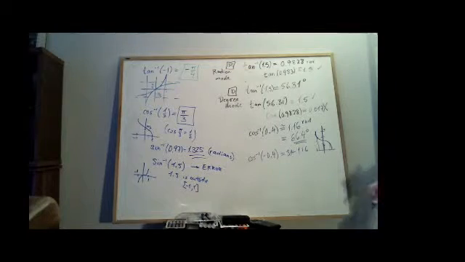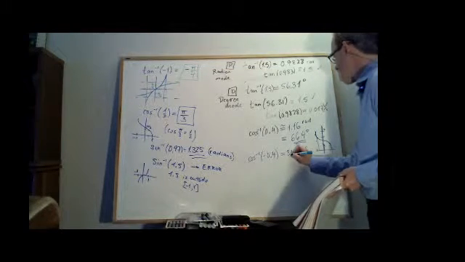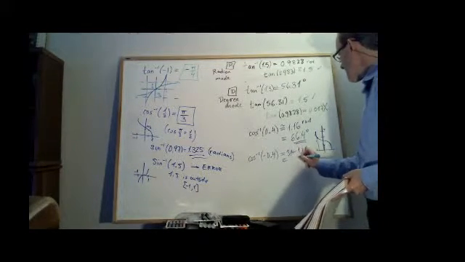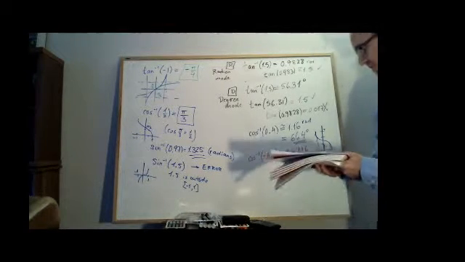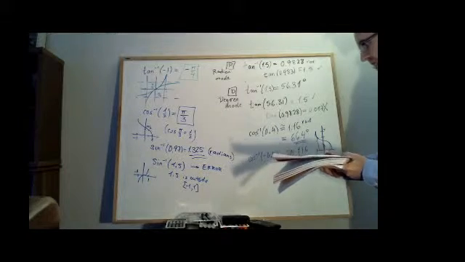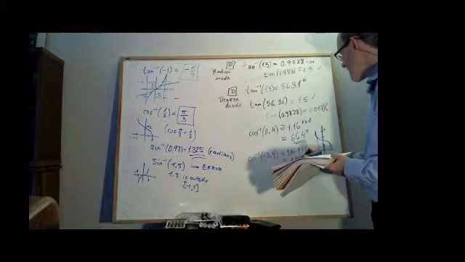Okay, so this answer will give me 1.98. That's what I get using a calculator as well, 1.982 radians.